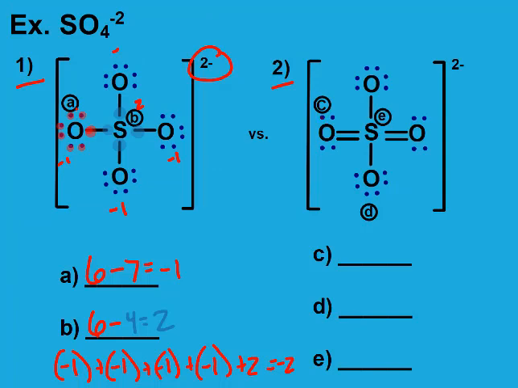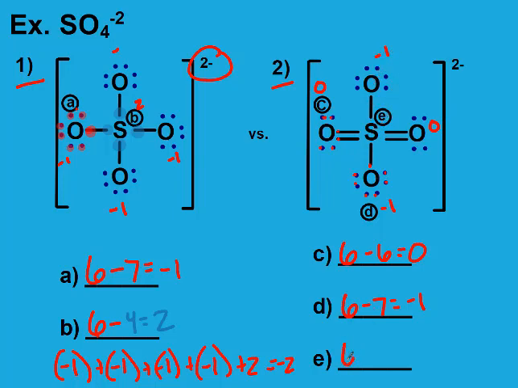So looking at our second molecule, oxygen came in with 6, and it currently has 1, 2, 3, 4, 5, 6. So 6 minus 6, that's a formal charge of 0. This oxygen is different, so I need to calculate it. It came in with 6, and it currently has 1, 2, 3, 4, 5, 6, 7. So that's a negative 1. This oxygen is exactly like C, so it's a 0. This oxygen is exactly like D, so it's a negative 1.